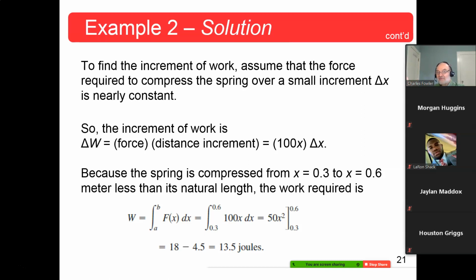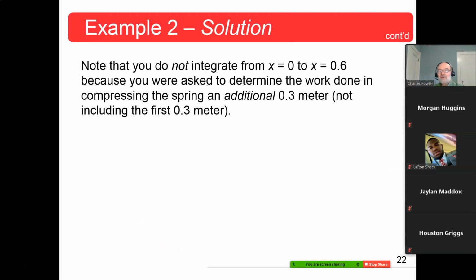They didn't explain what those equivalencies were, but that's exactly it. Now, note that you did not integrate from 0 to 0.6, because you were asked to determine the work done in compressing the spring the additional 0.3 meters, not including the first. If it had said what was the work done to compress from 0 to 0.6, then that's what you would have used.